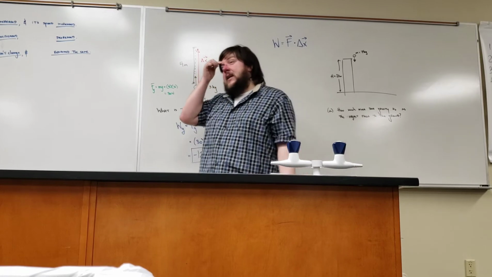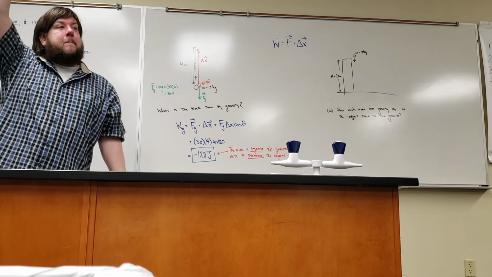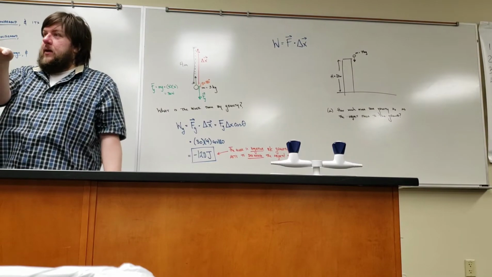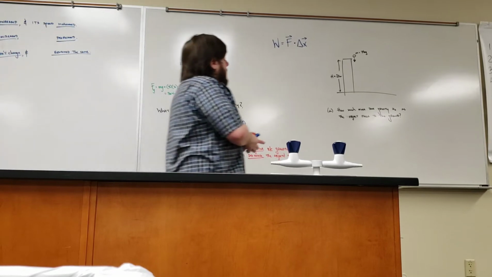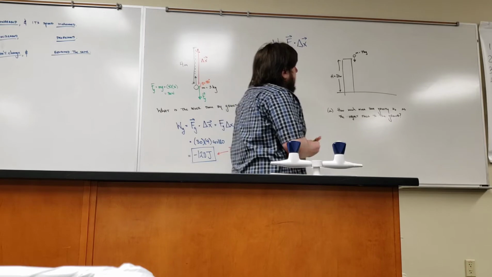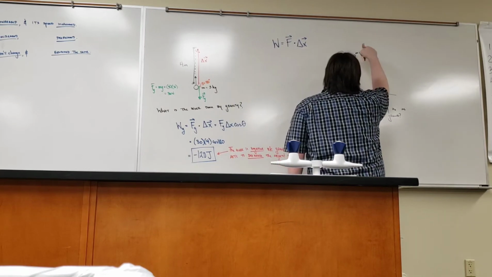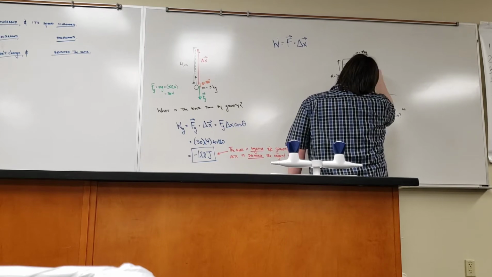What if I said, how much work does gravity do as the object falls to the midway point of the building? Then it would be 10, right? What direction is the displacement going to be? Down, because the object is moving downward. It starts up here and it ends down here. So the displacement is pointing down.